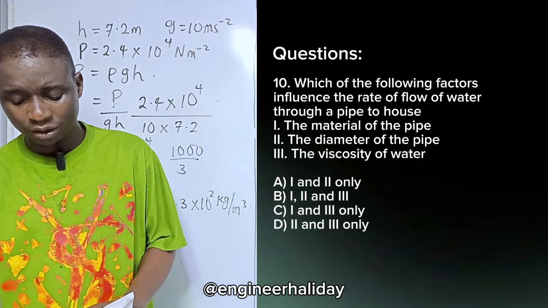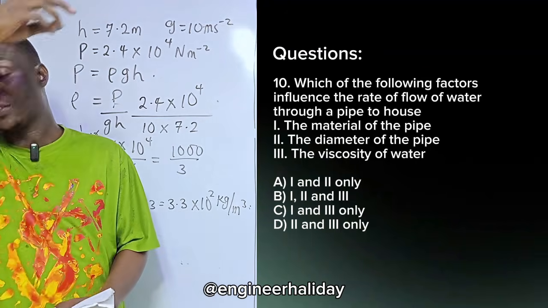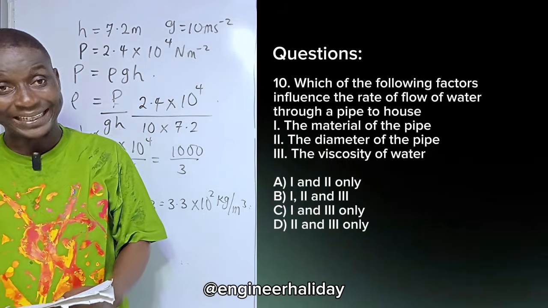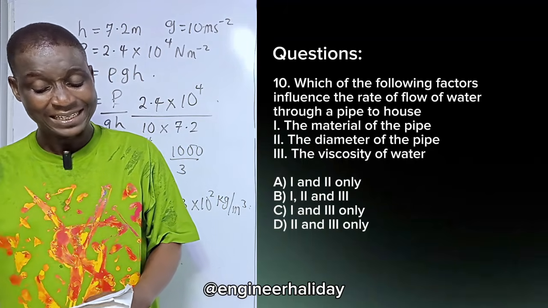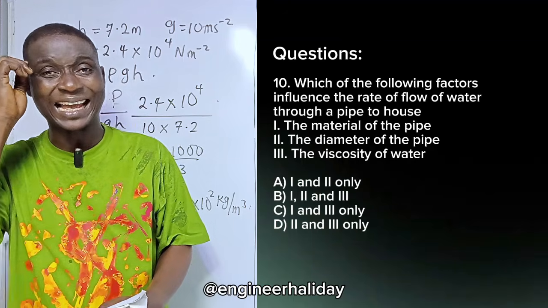Now, number 1, they say the material of the pipe. Yes, it all depends on the surface material of the pipe. Is it rough or smooth? It depends on the material of the pipe. It also depends on the diameter of the pipe.